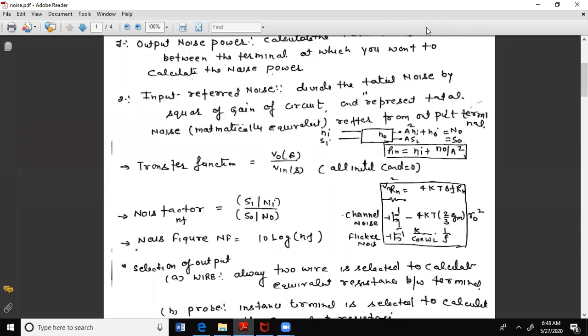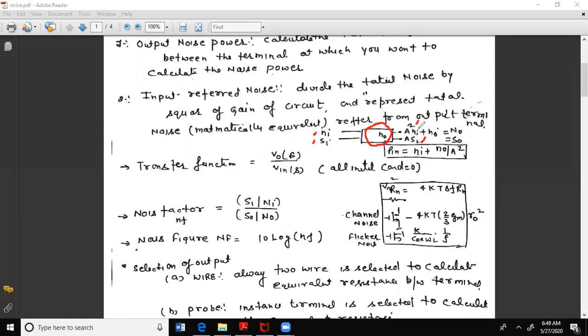See here, suppose this is my amplifier having the gain A and noise N0. Ni and Si represent the signal value and noise value at the input terminal. So at the output terminal, the signal is multiplied with the gain A, so this is A Si, and the noise is multiplied with the gain also, so this is A square Ni.